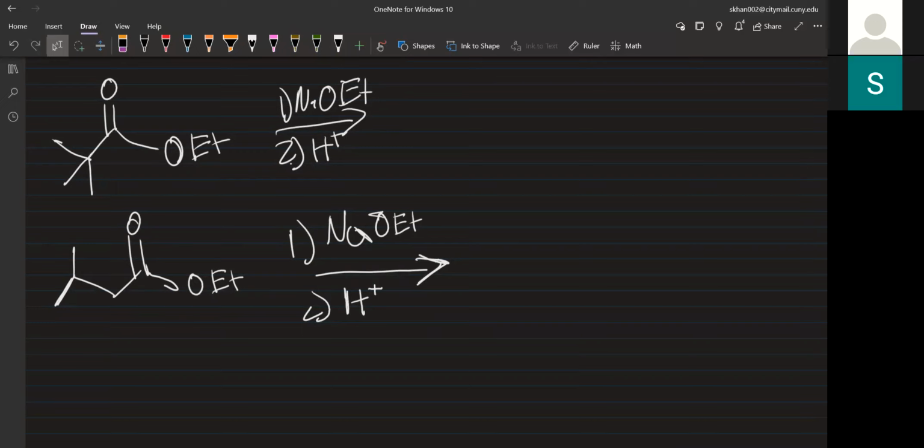But one thing I just want to ask, just to keep everyone on their toes, is does it matter what base we use here to do a Claisen condensation? You could use OH, right? That would be fine. What about any other alkoxide base though?